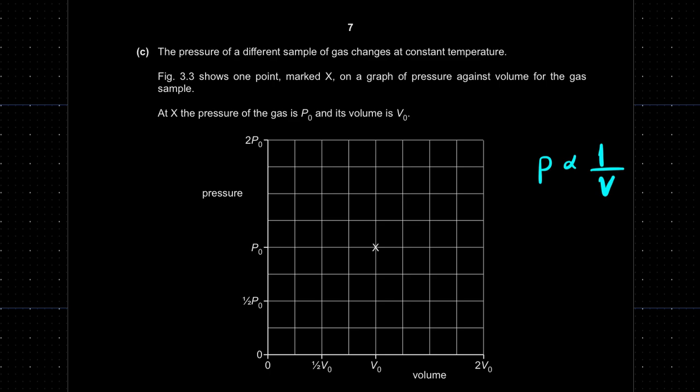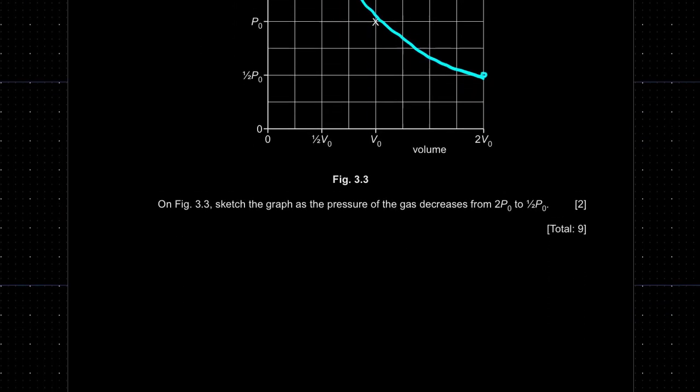So if we have this data point where pressure is P, volume is V, we know that if the volume would double, by the definition of inverse proportion, the pressure would halve. Similarly, if the volume halves, the pressure would double. So it gives us a graph that we expect like this. Let's go on.